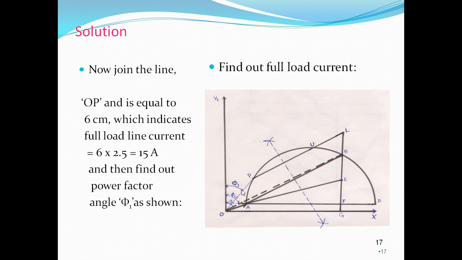To calculate the maximum torque, we have to draw a line that is parallel to the torque line AE and tangent to the semicircle.